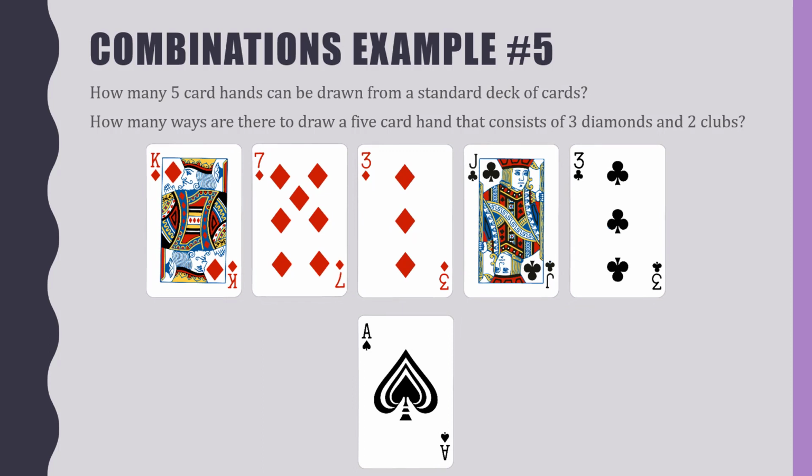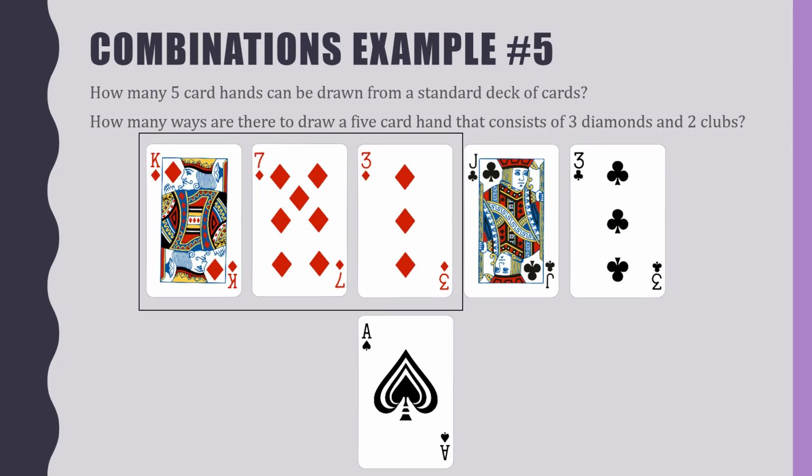That question number 2 is asking how many possible hands exist that have 3 diamonds and 2 clubs. That's what the question's asking, right? If I were to rearrange those cards, it's the same 3 diamonds and the same 2 clubs. Nothing changes.